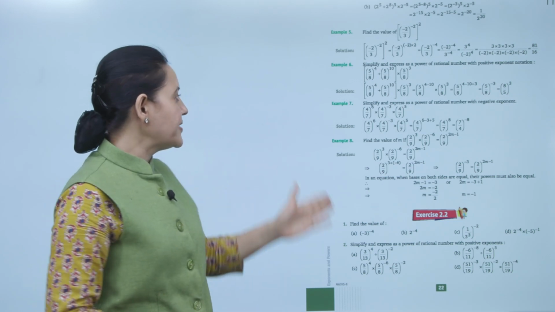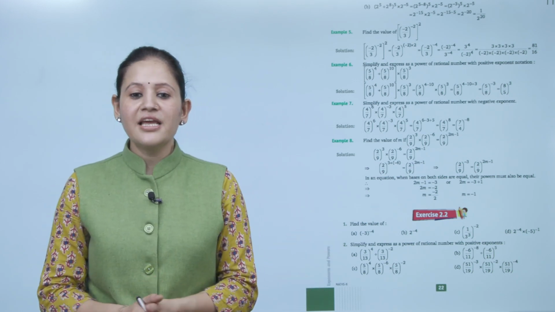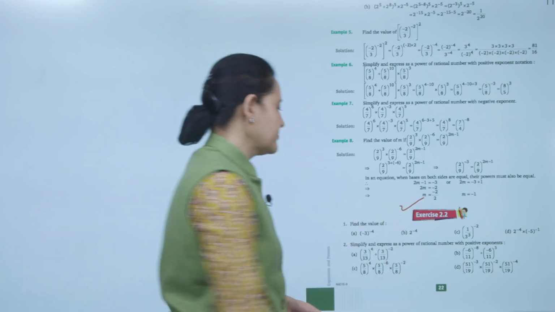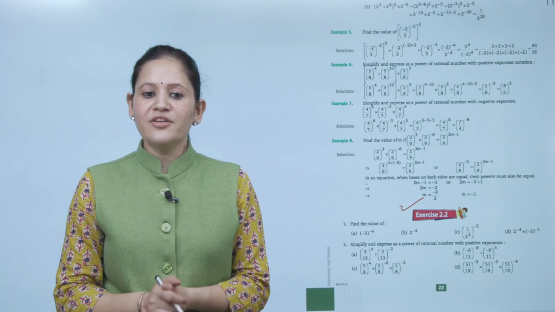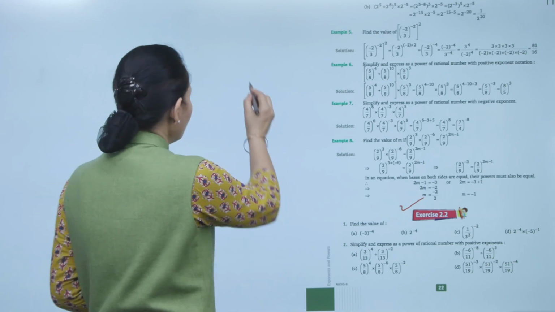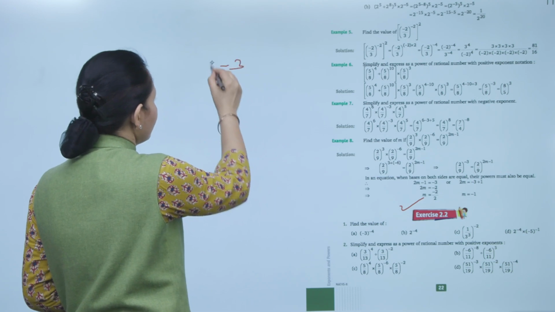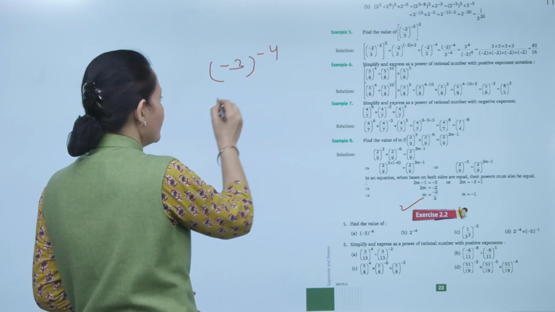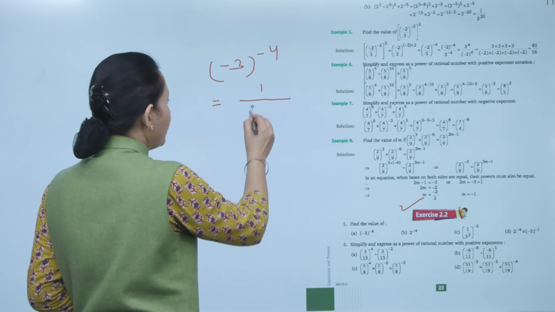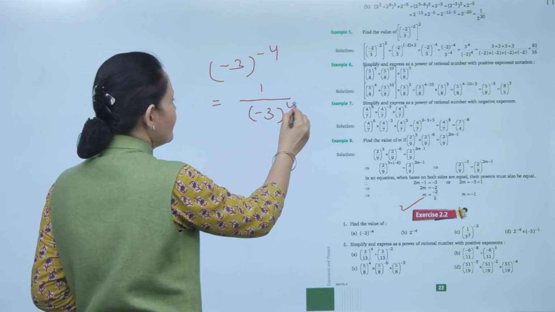Next, some more examples are given here, you have to practice them. Next is exercise 2.2. Find the value of minus 3 whole power minus 4. So, minus 3 whole power minus 4, we can write it as 1 upon minus 3 to the power 4.